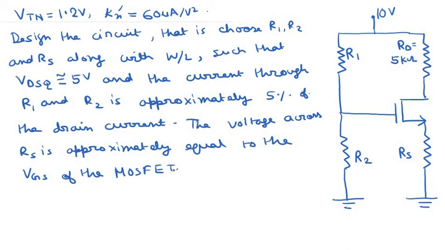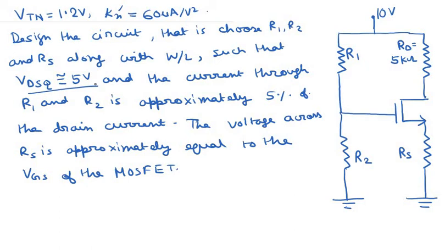The flexibility of this kind of problem is that you actually have to choose a starting point. The first condition is that the current through R1 and R2 is approximately 5% of the drain current, and the second is that VDSQ is approximately equal to 5 volts.